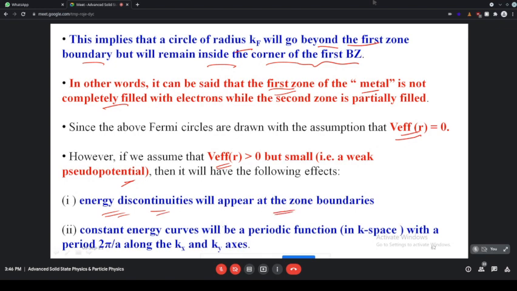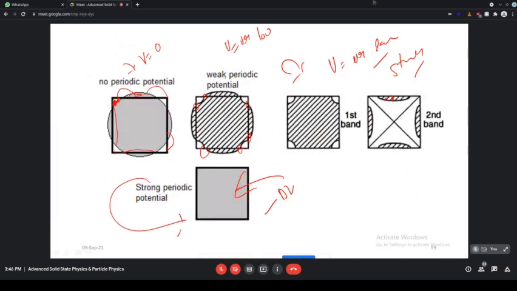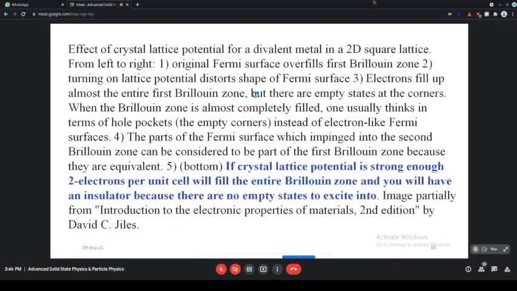Okay, and there will be discontinuity, and there will be pieces of Fermi surface that will lie in the second Brillouin zone, and by applying a reciprocal lattice vector we can represent them at one place.